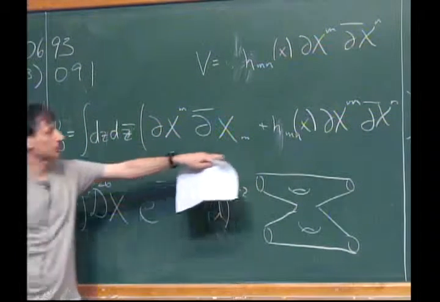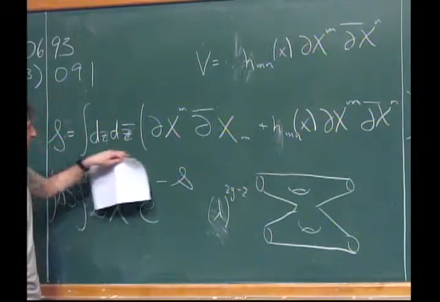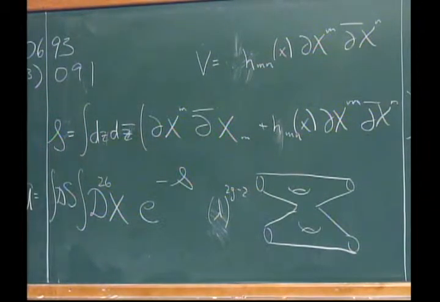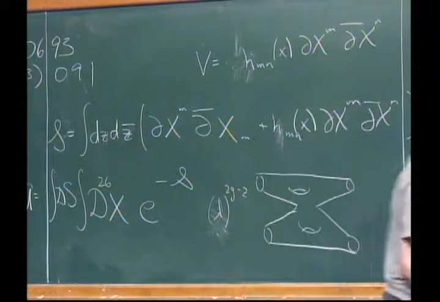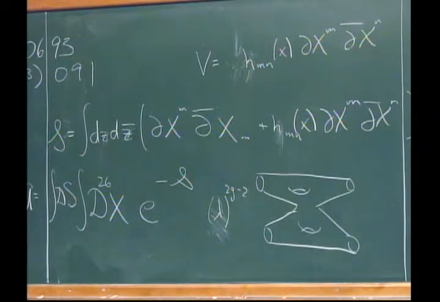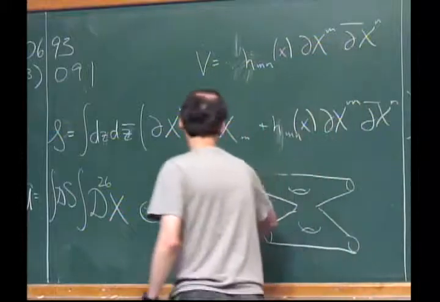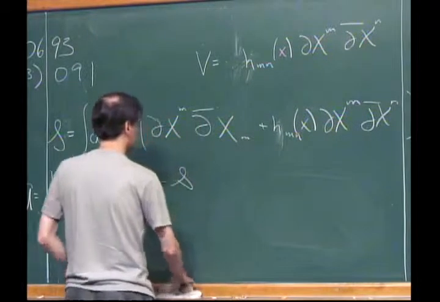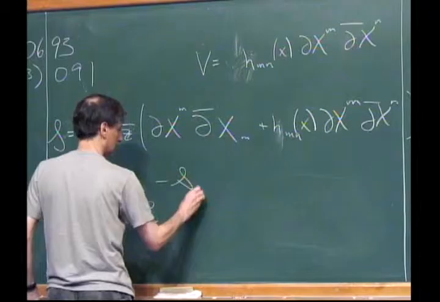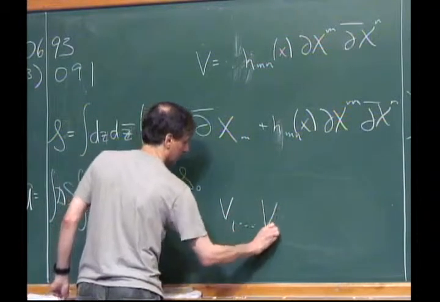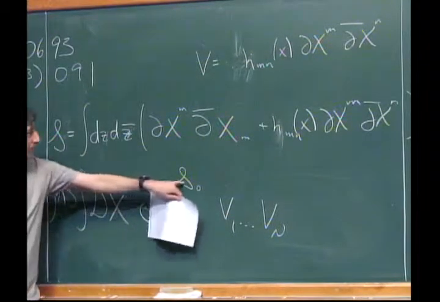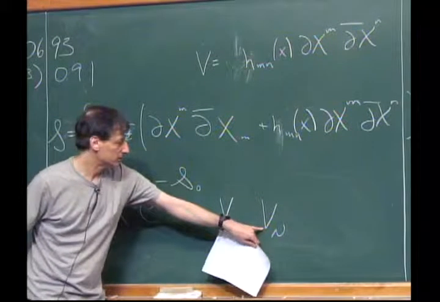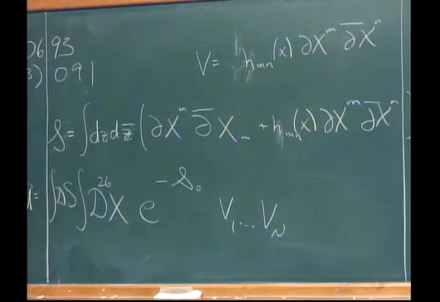So this is supposed to be thought of as a perturbation of flat space-time, and this describes the scattering of gravitons. So if you compute this kind of amplitude, which I could also write in terms of, so if I think of this as S0 and this is the interaction, I could think of doing the same computation by integrating over the original flat space action with these insertions of vertex operators.